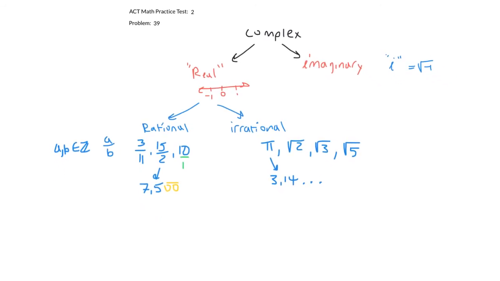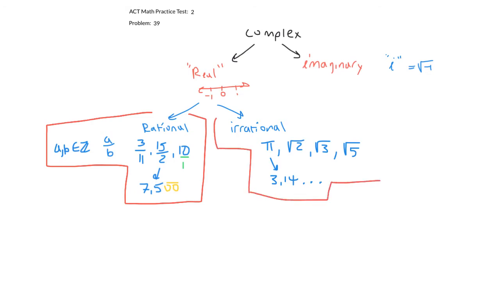Now, when it comes to rational numbers, which I will now circle actually because this all is the same thing. Okay, and really this is all one group of numbers. We'll call this a group of numbers.